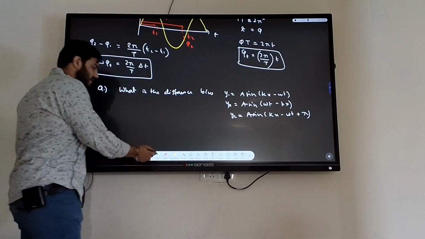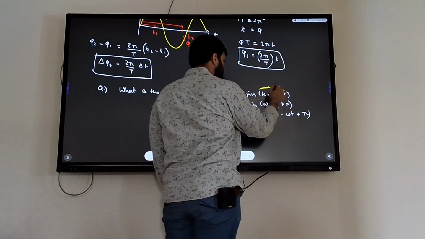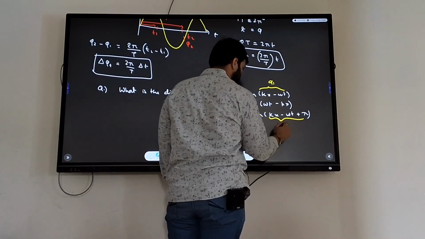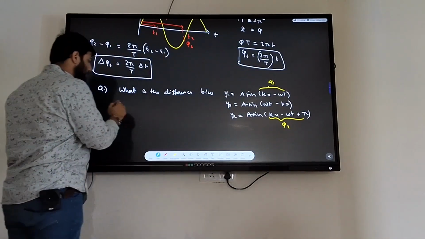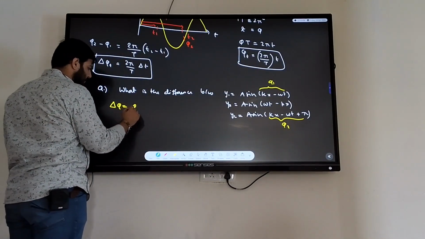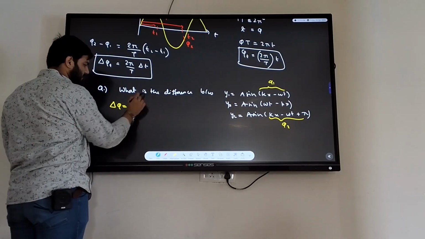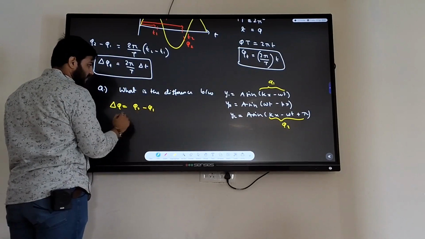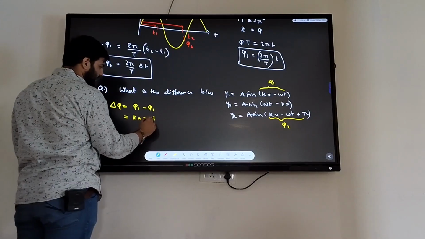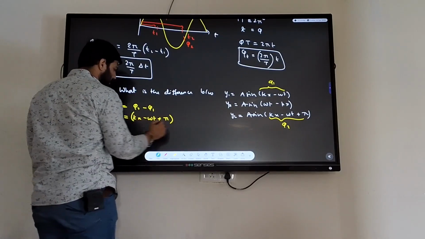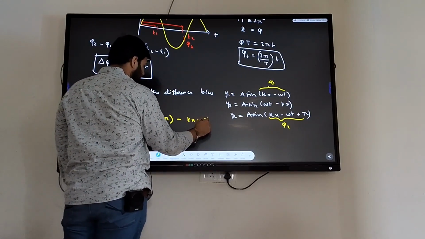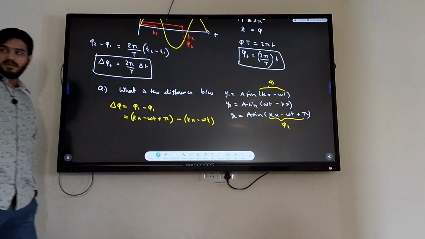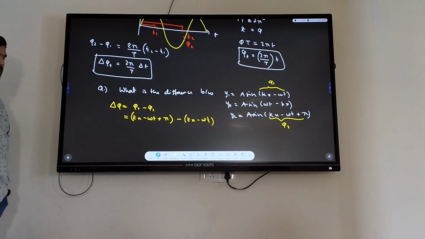Let's see. Let's call it phi 1 and let's call it phi 2. Then what is the phase difference between them? That's delta phi, that's phi 1 minus phi 2, or maybe phi 2 minus phi 1, let's say. That will be (kx minus omega t plus pi) minus (kx minus omega t). Now you tell me the phase difference has to be pi.